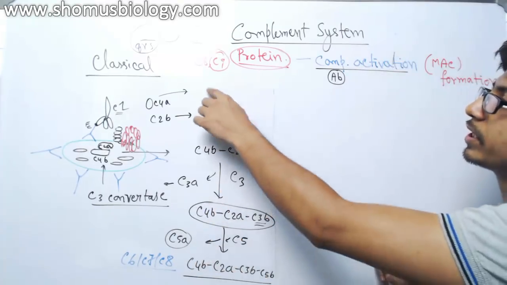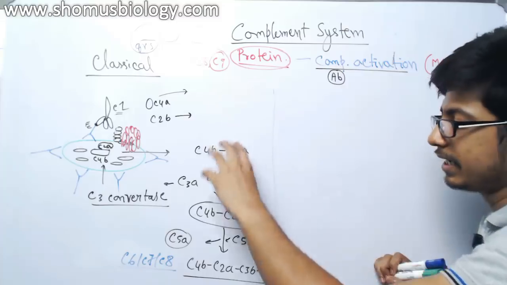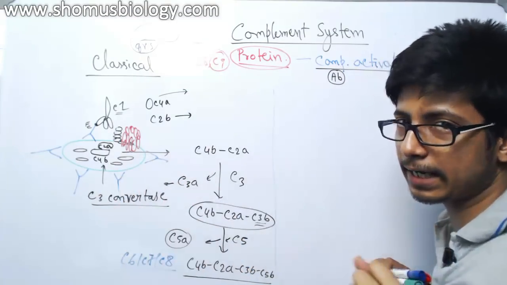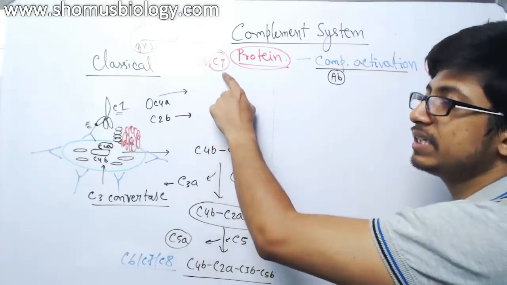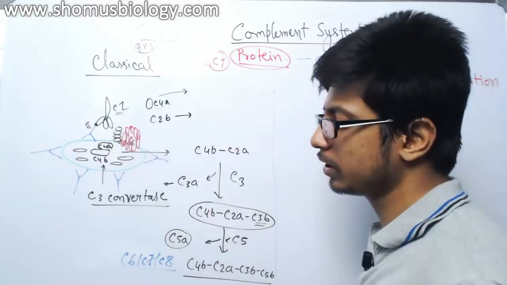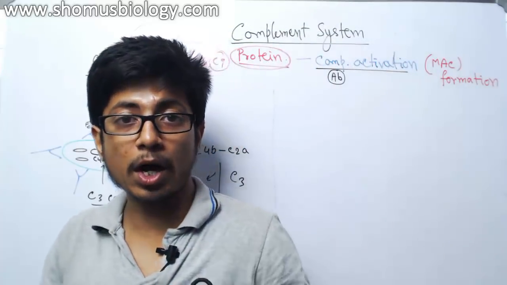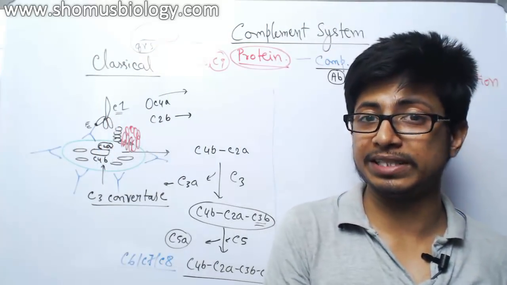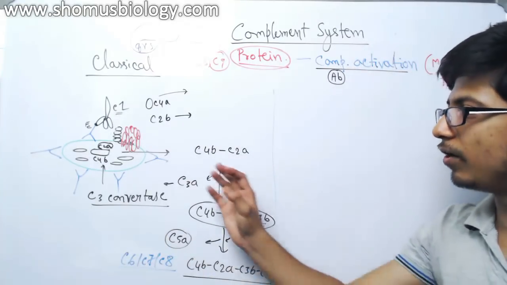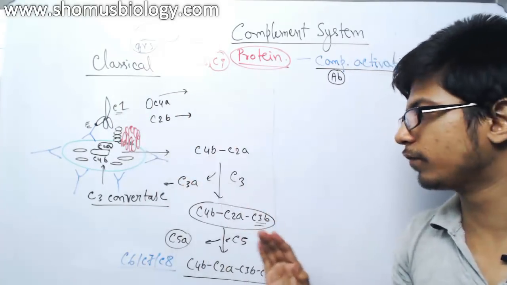Once this complex is associated with C6, 7 and 8, they will form the membrane attack complex, and they will recruit C9, which will create the pore in the membrane through which electrolytes can pass, osmolarity will be altered and the cell will ultimately die. That is the process of the killing of bacteria using the classical mode of complement.